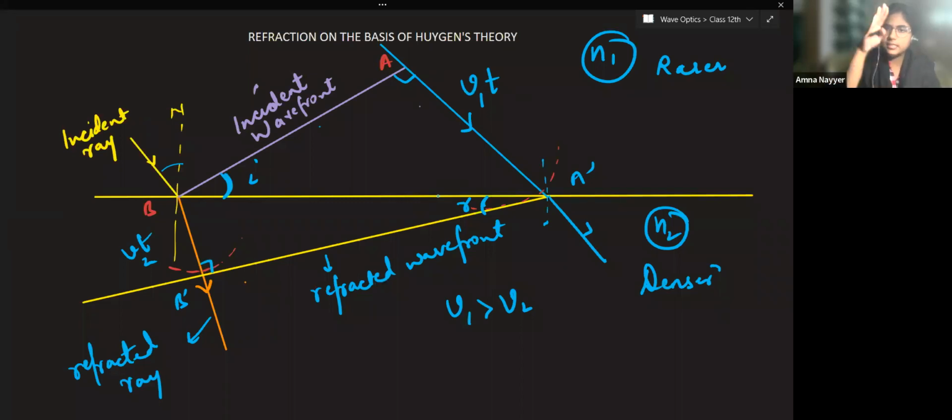Agreed? Sin I is V1T, perpendicular by hypotenuse, that is BA dash. In the triangle B dash A dash, the lower triangle having the angle R, sin R will be perpendicular by again hypotenuse. This time perpendicular will be V2T. So perpendicular by hypotenuse, that is BA dash. Agreed till here?